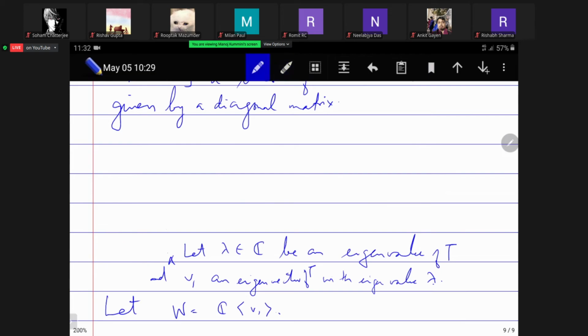Proof. Induction on n. If n is 1, then this is okay because it's just a 1 by 1 matrix and it is diagonal. Okay. So assume n is greater than 1 and that the proposition is true.